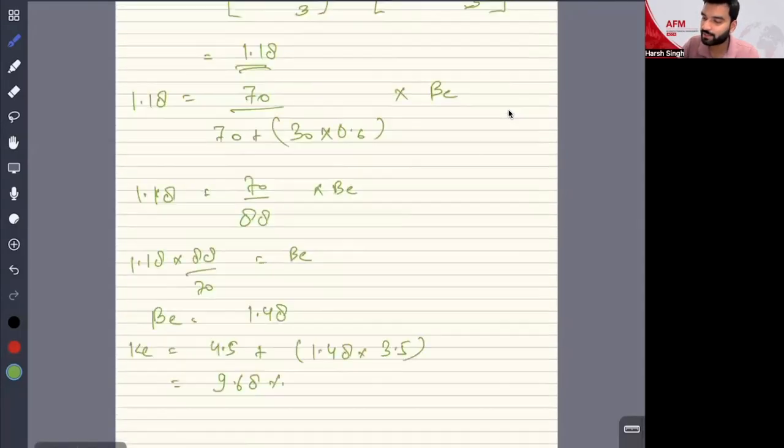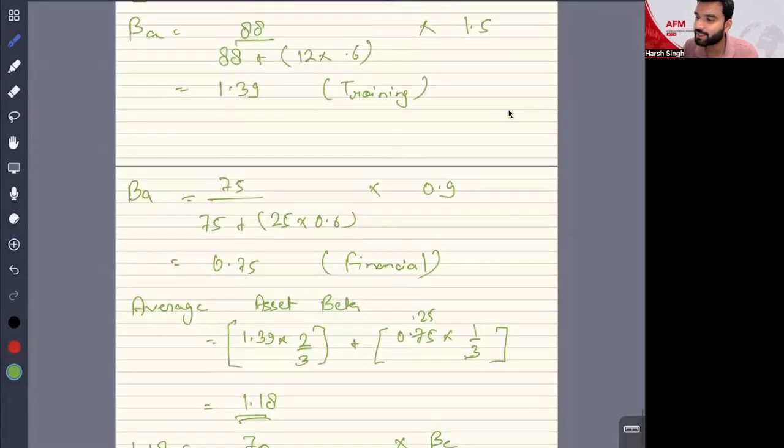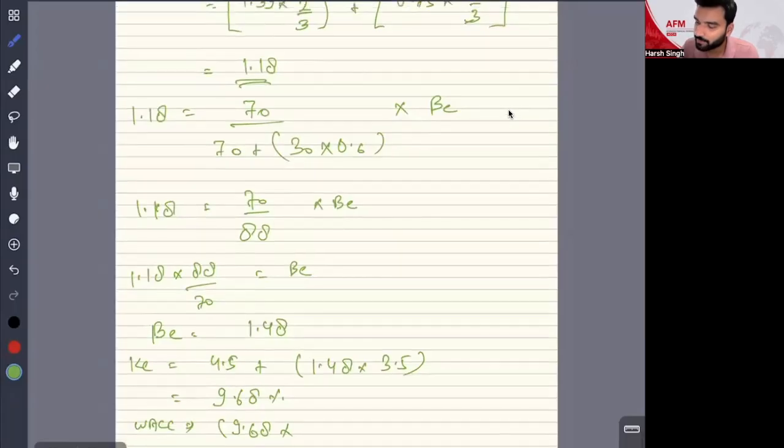As simple as that. So can I go and calculate my WACC now? WACC, everyone. What is my cost of equity? 9.68 multiplied by proportion of equity. Sir, 70% directly given. 70% plus value of cost of debt, how much? Cost of debt is 7%.